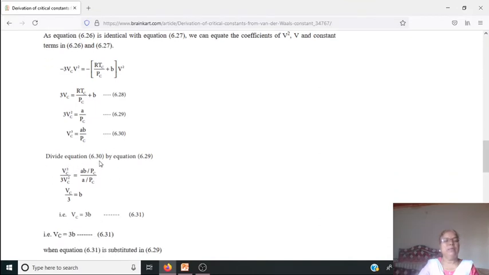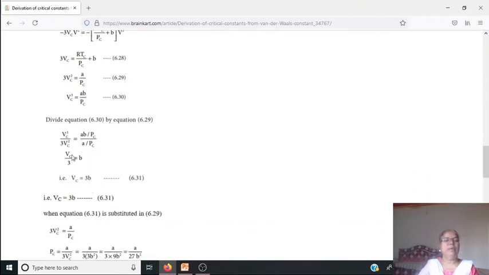Then dividing equation number 6.30 by equation number 6.29, that means this equation divided by this equation, we get Vc cube upon 3 Vc square is equal to AB by Pc divided by A by Pc, and we can cancel the same values in the numerator and denominator here, and we get Vc by 3 is equal to B. Therefore, from this equation we have Vc equal to 3B.